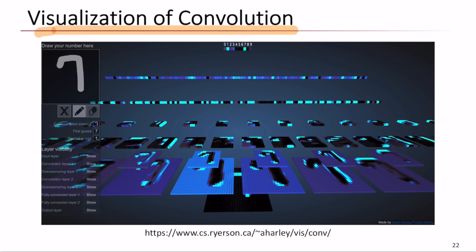Of course, the convolution layer, or the other deep learning network, is just a black box. Even though there is some recent work to visualize the neural network, it's just a black box because there are so many parameters, right?